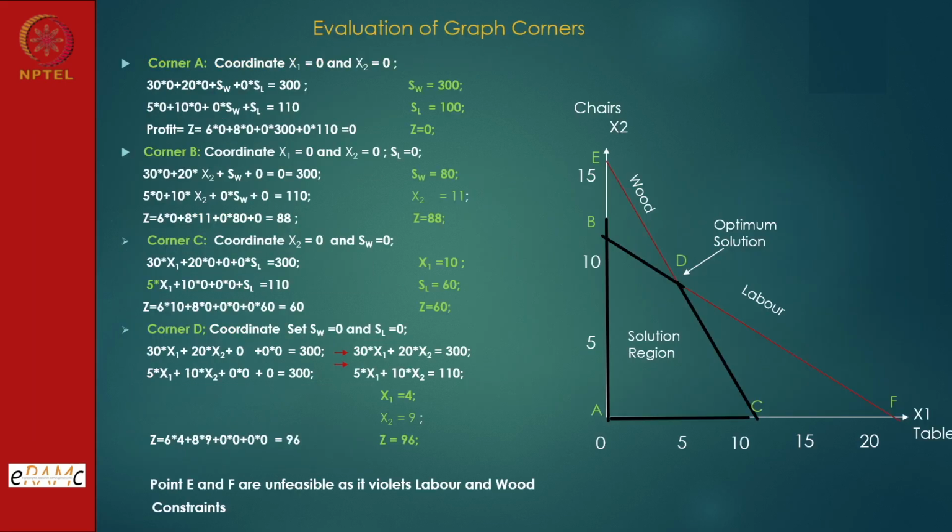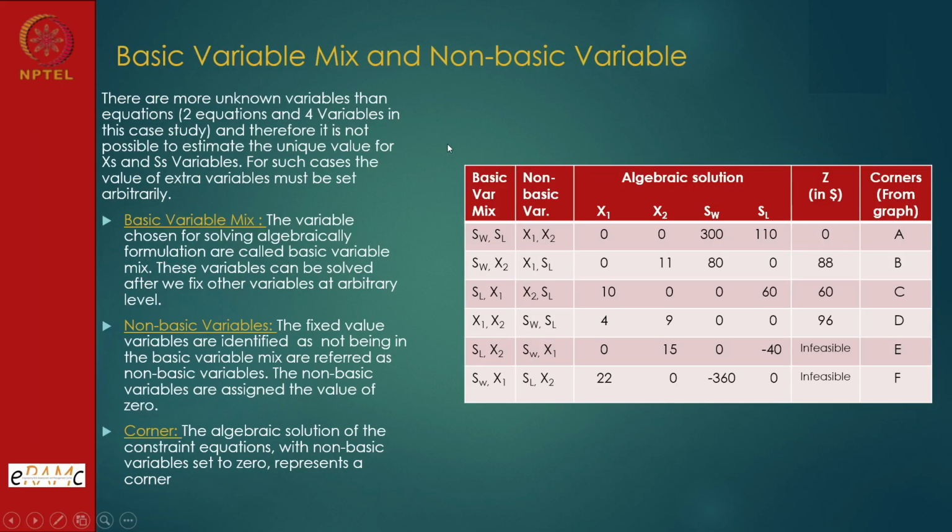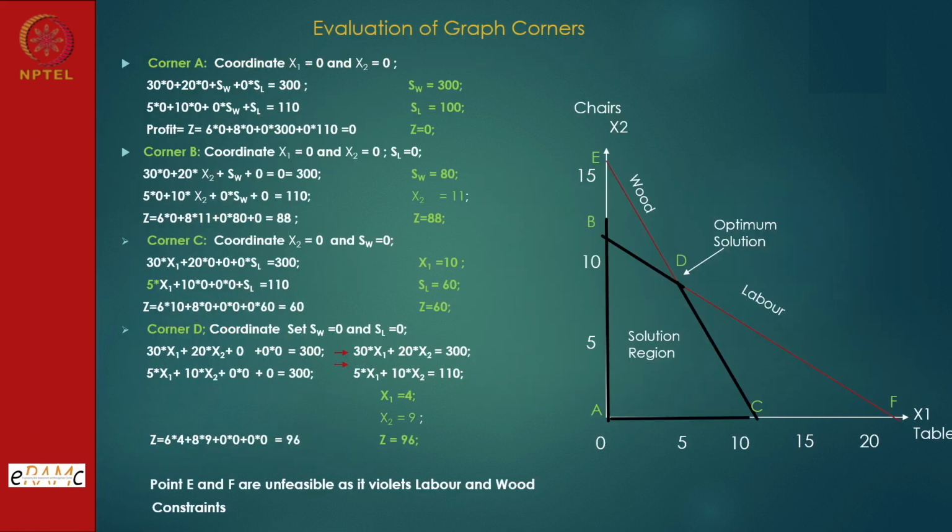What we filled in the table: if x1 and x2 are equal to 0, then SW is equal to 300 and SL is equal to 110. That is the figure for corner A, the coordinate x1 0, x2 0, which is shown over here.